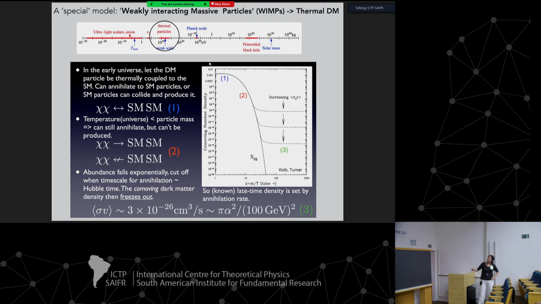Then as the universe cools down, their density builds up. They're being produced by some mechanism slowly, building up the density. At some point their abundance would be enough that they would start to interact and be present in thermal equilibrium.